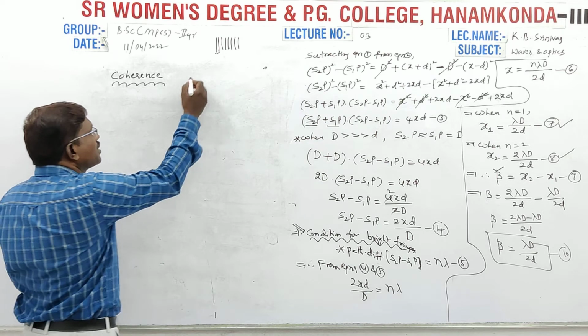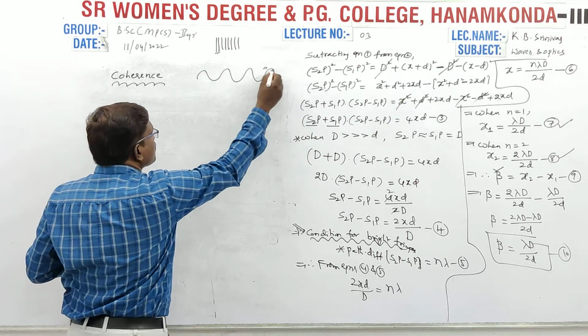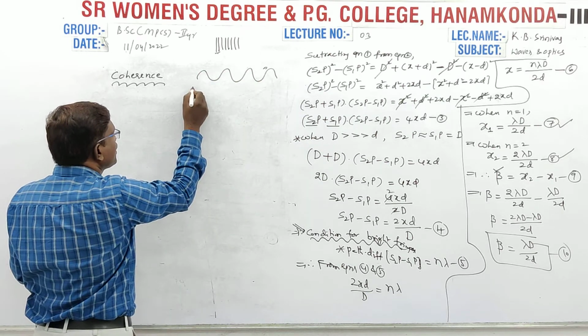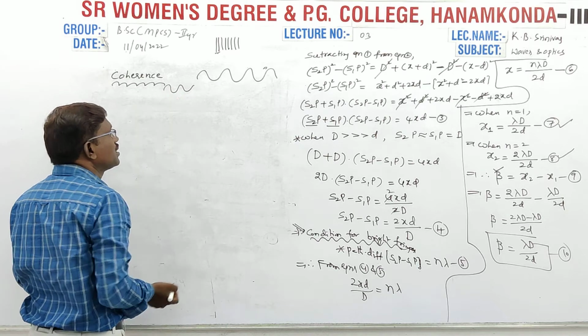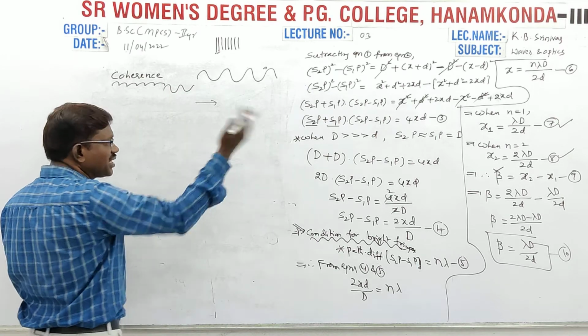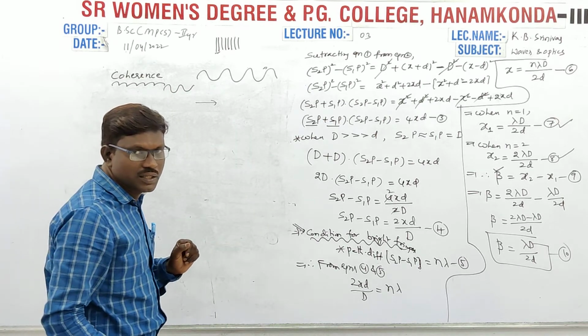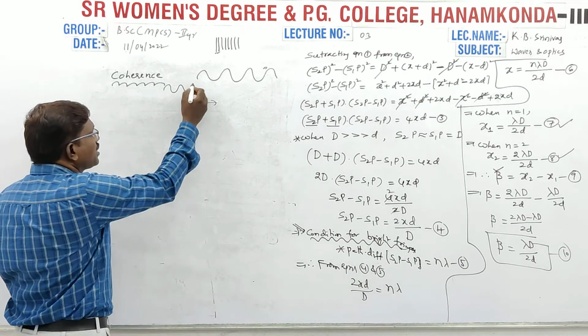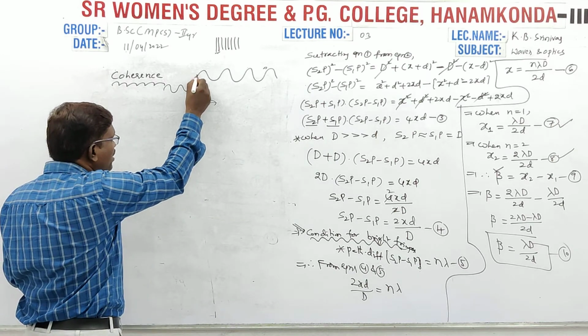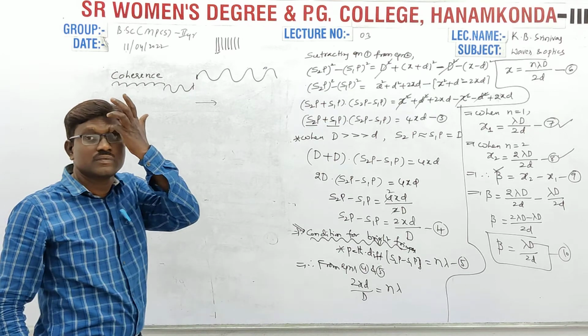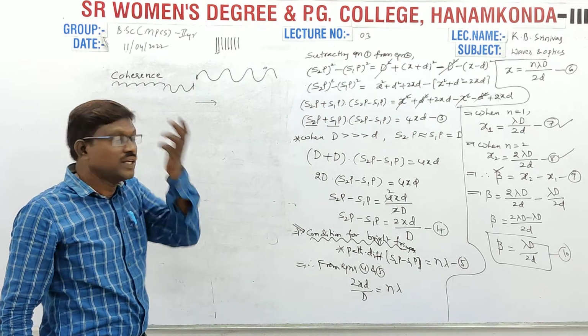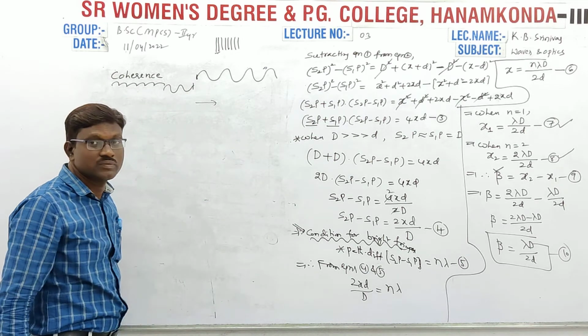And phase means what? Let this be the first wave and this the second wave, imaginary, and these two waves are progressing in forward direction. Then what is the question? That phase difference between the first wave and second wave. How much phase difference between these two waves?